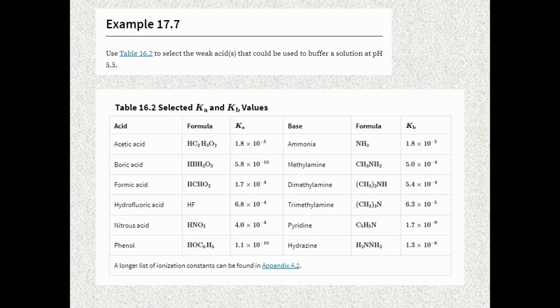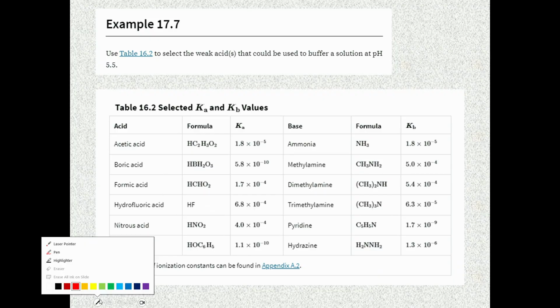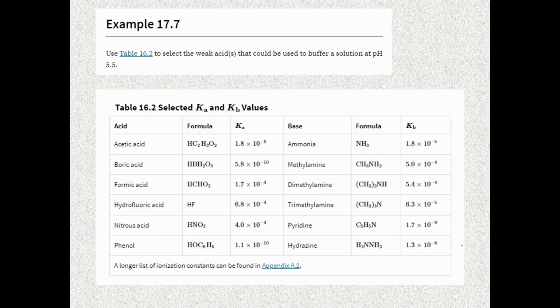So I want a buffering solution of pH 5.5. Well, I know that 10 to the minus 10 is not going to work. I just did acetic acid.